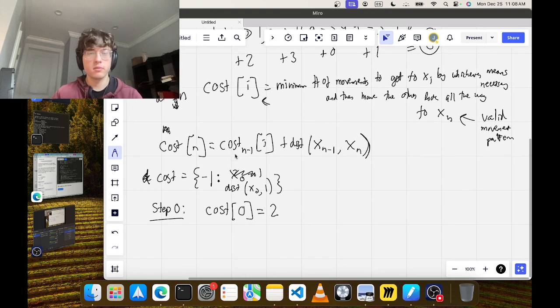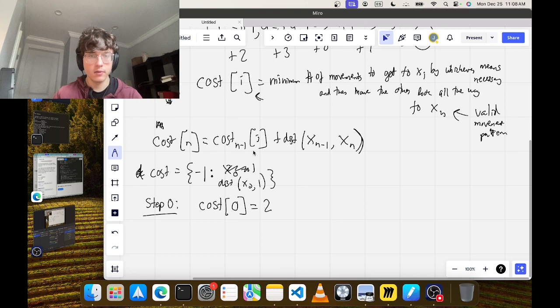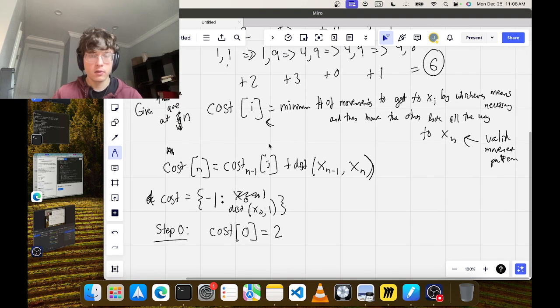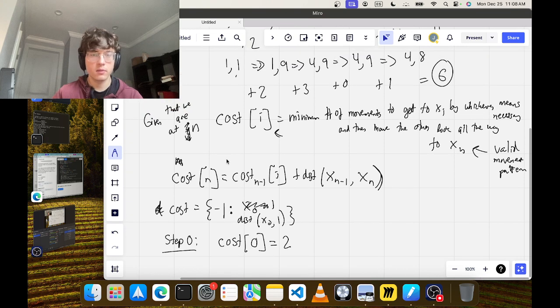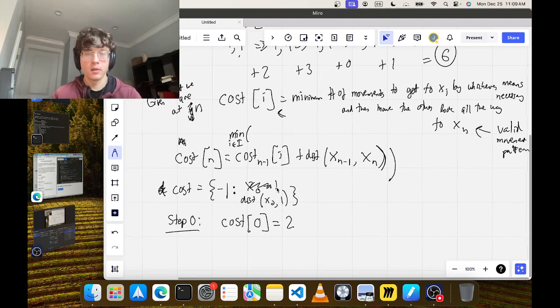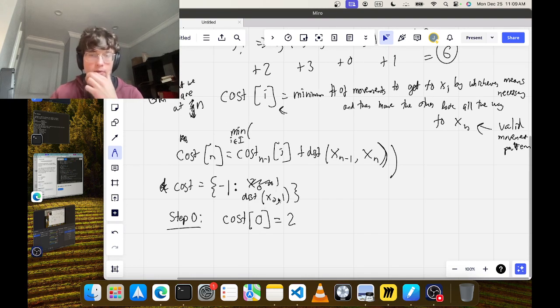So let's try to write it in terms of our formula here. This is cost of n minus 1 of i. Also, I forgot to say, this is the minimum across all i's. Yeah, that's right.